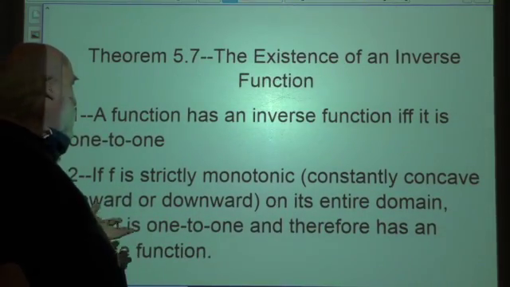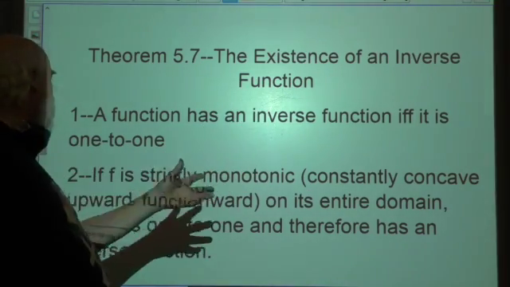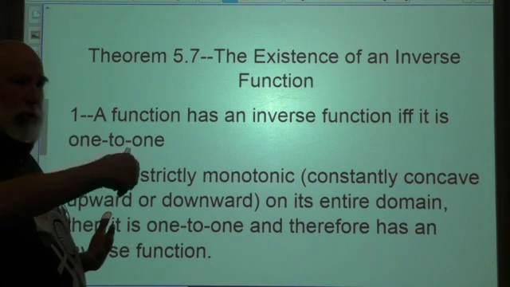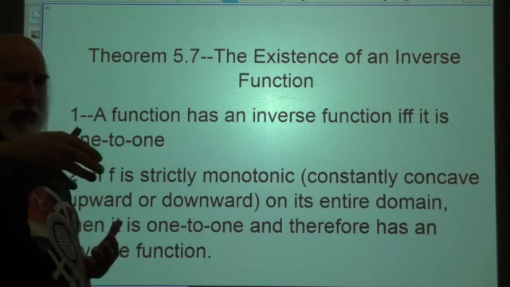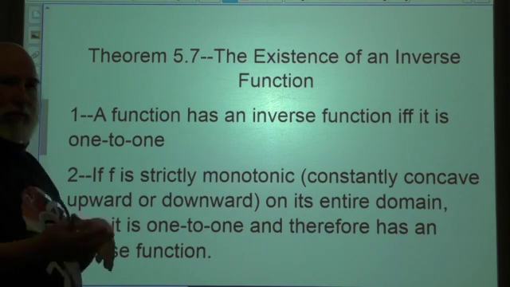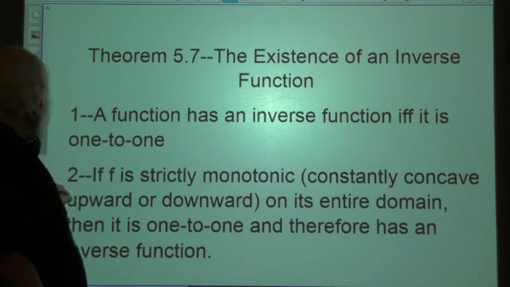The existence of an inverse function. A function has an inverse function if and only if it is a one-to-one function, meaning there can only be one value for every one value of x. So you have one y for every x, one a for every b, however you want to call it.